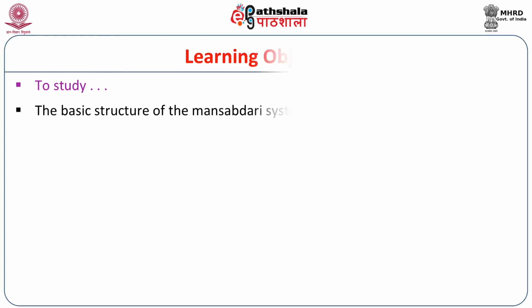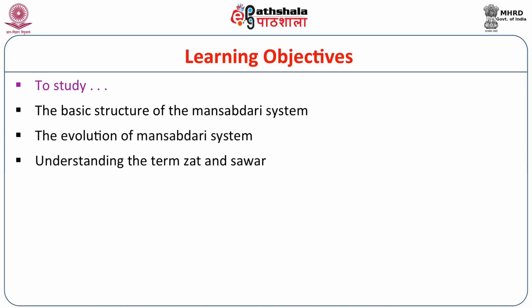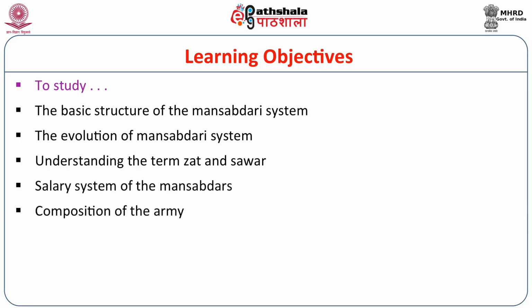In this module, we are going to study the basic structure of the Mansabdari system, the evolution of the Mansabdari system, understanding the terms like Zat and Sawar, the salary system of the Mansabdars, and the composition of the army.